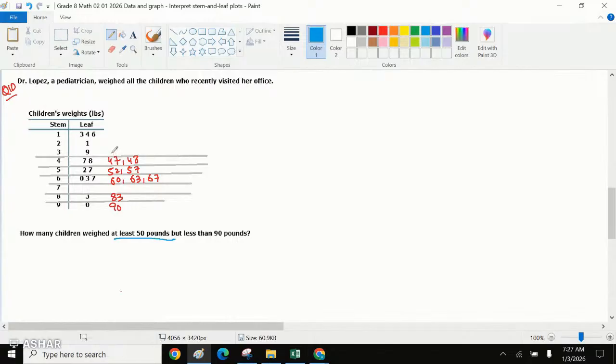So 47 cannot be included, 48 cannot be included, right? But it has to be less than 90 pounds. 90 cannot be included. So how many values were there? 1, 2, 3, 4, 5, and 6, right? Which can also be counted over here.